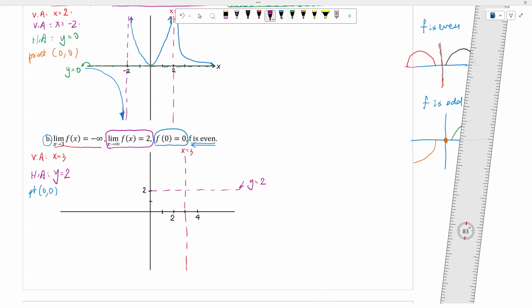Okay. And I have a point (0, 0). Then check it out. The limit as x approaches 3 of f of x equals negative infinity. So from the left and from the right, the function is actually pointing down, right?